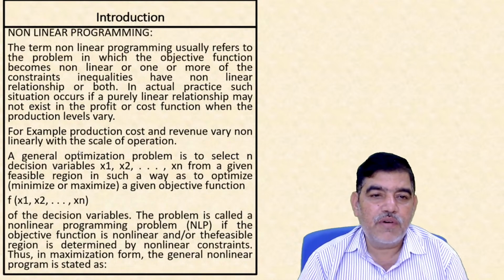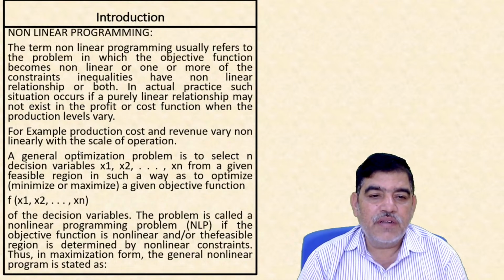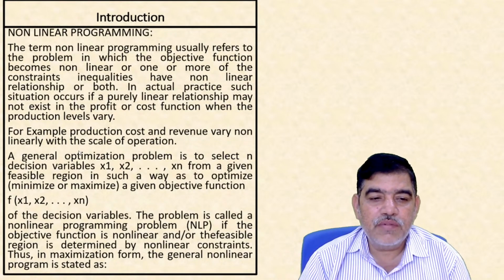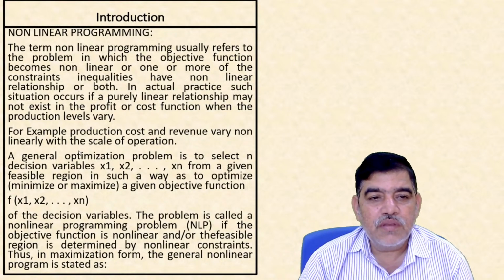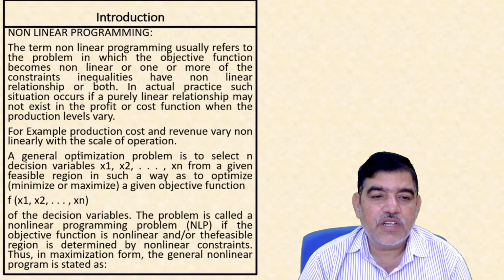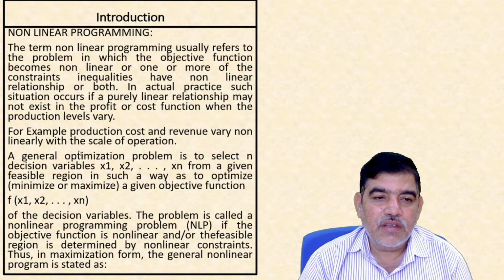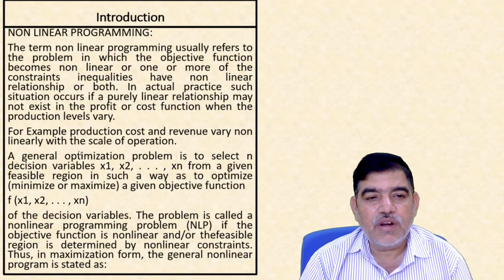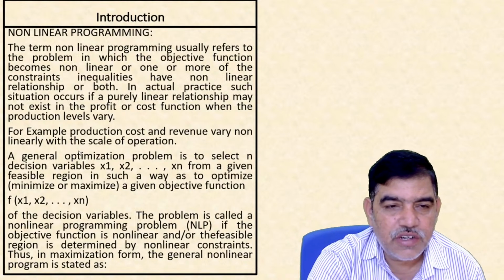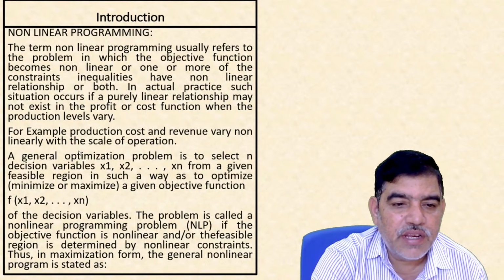In a linear programming problem, all the decision variables have degree 1, but in nonlinear programming, the decision variables may have a degree more than 1, or the constraint equations are less than or equal to or greater than or equal to. That is the difference between LPP and NLP.